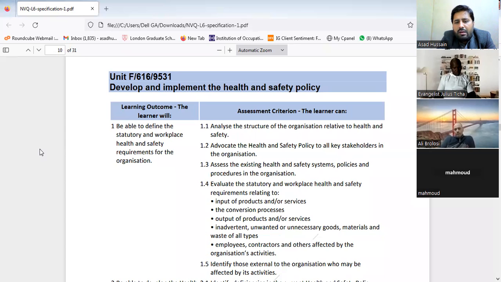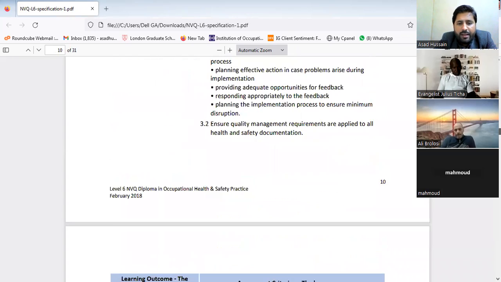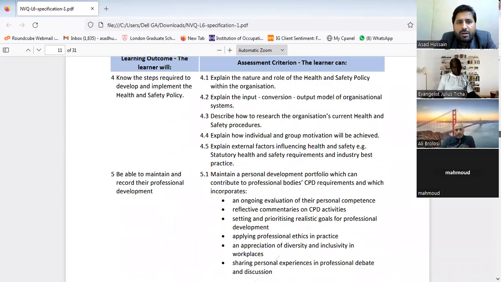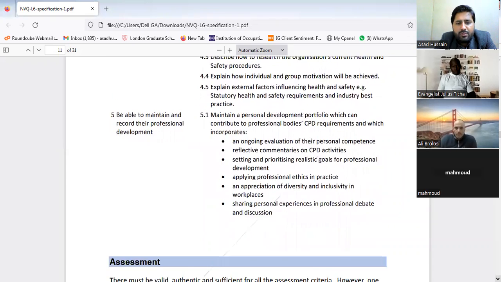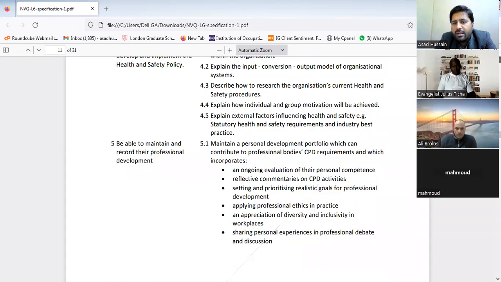In the second one we have 6 criteria, then 2 criteria in the third one, and 4 criteria in the 4th learning outcome, and in the 5th one we have 1 criteria. So we have to complete this qualification when we have completed all these learning outcomes.